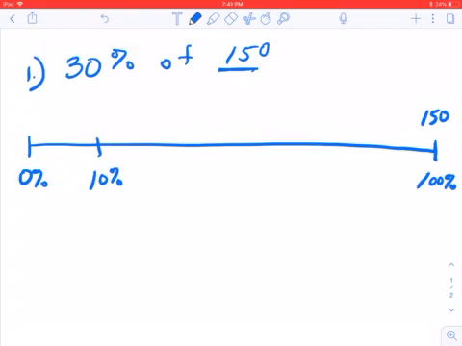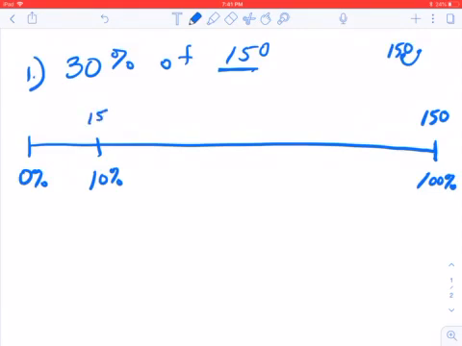So what's 150 divided by 10? Well, the nice thing about this is you're really just taking 150, which could put a decimal at the end, it's a whole number, and you're just moving it over one decimal place to the left. So if you take 150, divide it by 10, you're going to end up with 15.